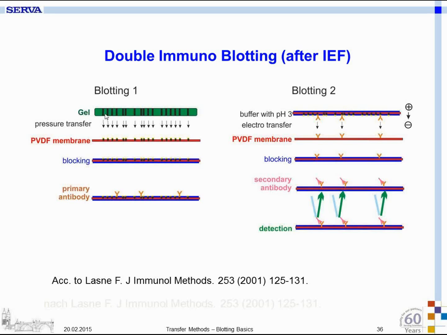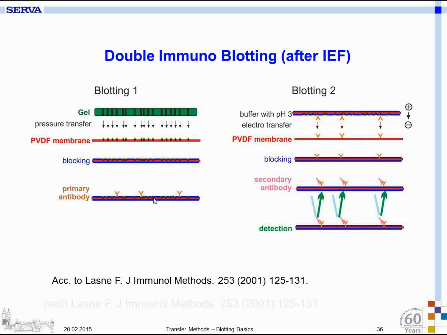So they blot, they transfer all the separated proteins onto the blotting membrane. Then the background is blocked. Then they have primary antibodies against EPO, erythropoietin molecules. And now it is not directly continued with secondary antibody, but a second blot is performed.